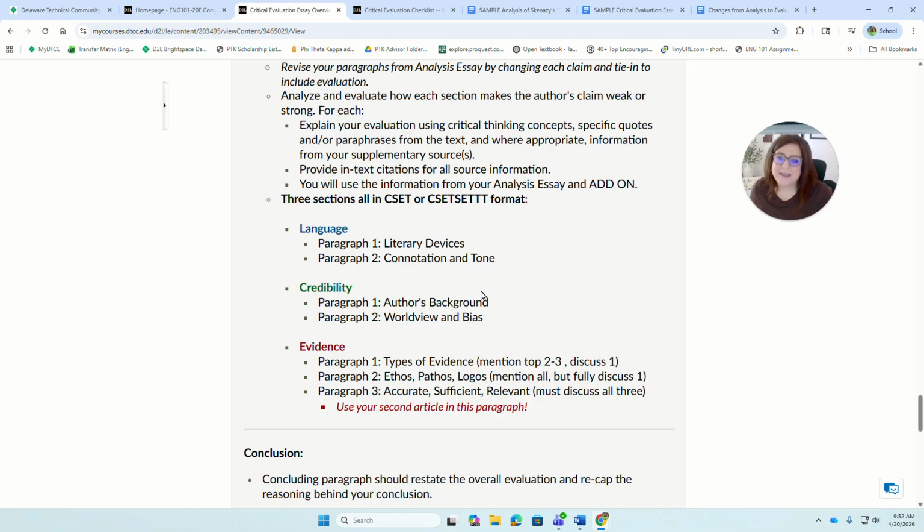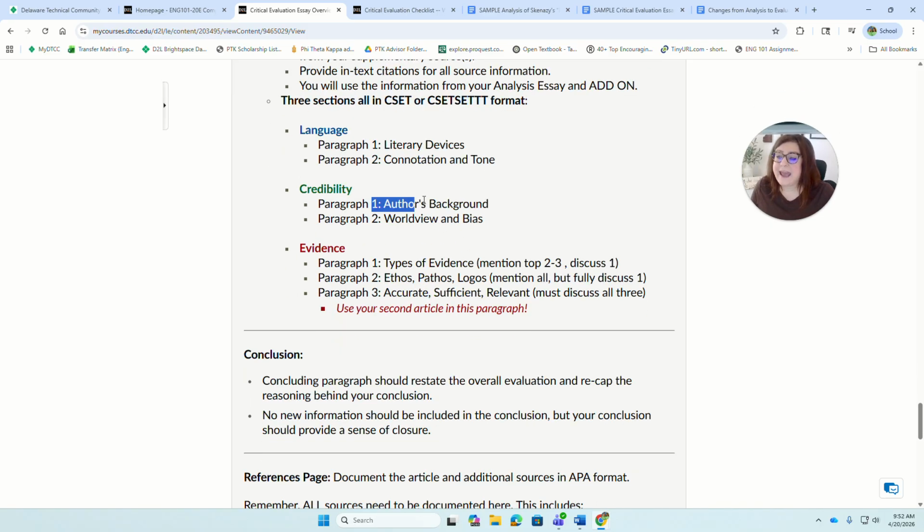When I get to credibility, that's when things start to change a little bit, okay? So we're looking, yes, at the author's background again, adding in that claim and the tie-in. But notice that we added on bias to the worldview paragraph. So you learned all about bias in week 6.